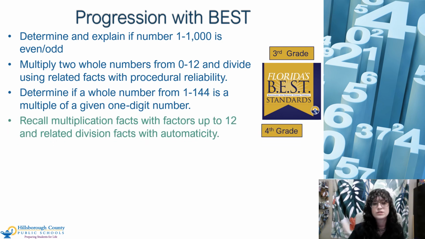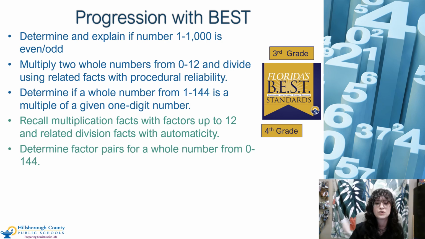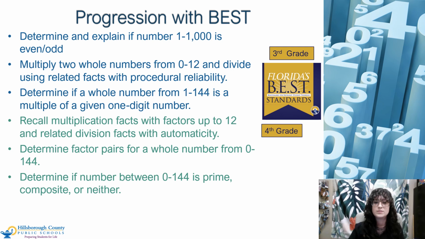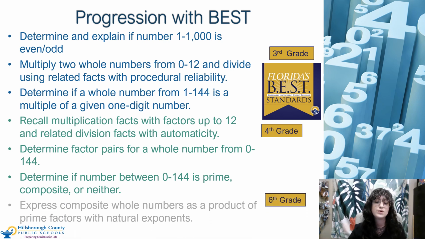In 4th grade, students are going to recall multiplication facts with factors up to 12, as well as those related division facts with automaticity. They're going to determine factor pairs for whole numbers from 0 to 144. They're also going to determine if those numbers are prime, composite, or neither. This learning will continue on in 6th grade when students will be expected to find prime factorizations of specific numbers.